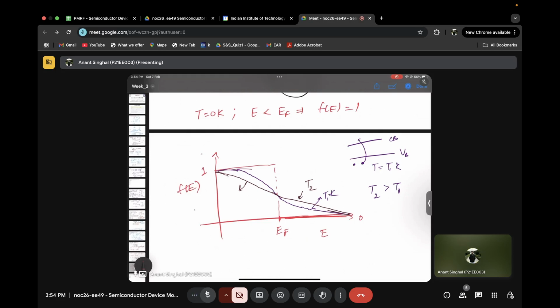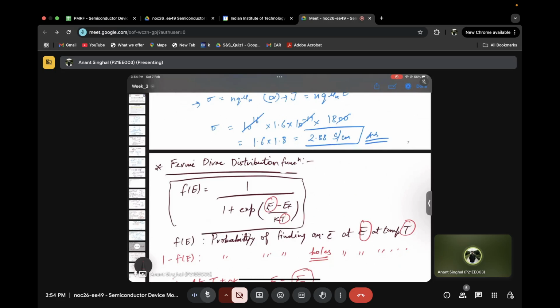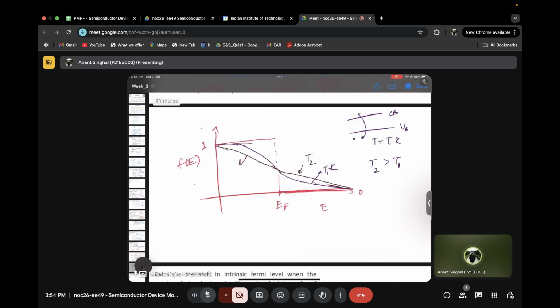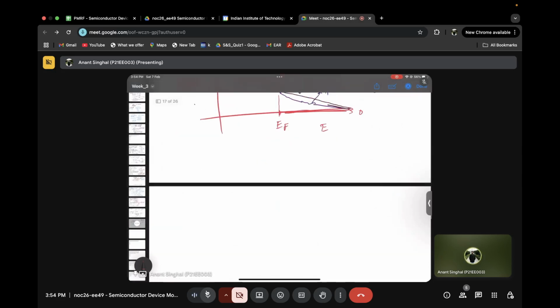Okay, that's great. Now the problem with this is highly complex, so we make some approximations just to have easier derivations. One such approximation is what we call the Boltzmann approximation. So let's do that too.